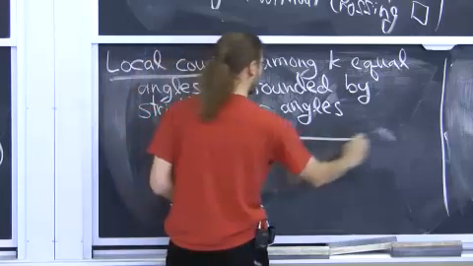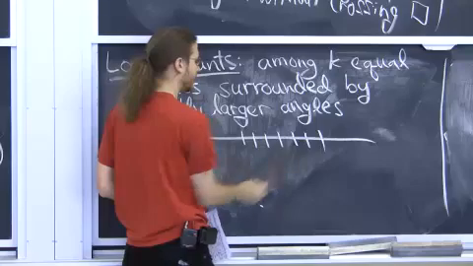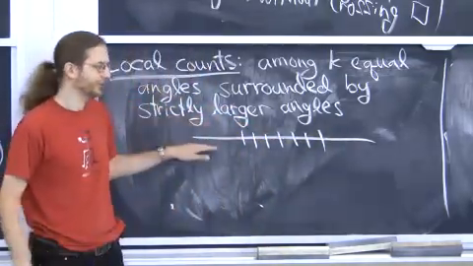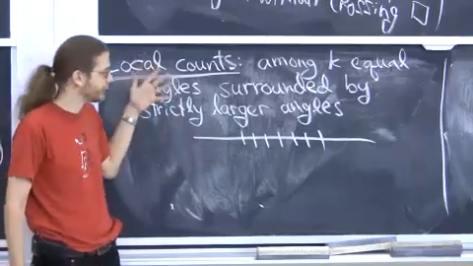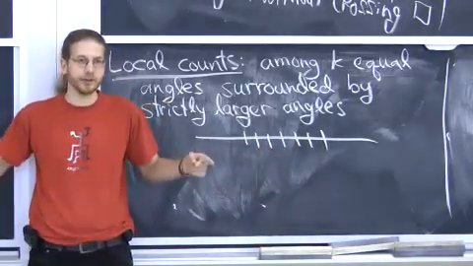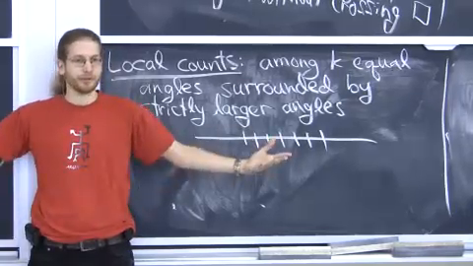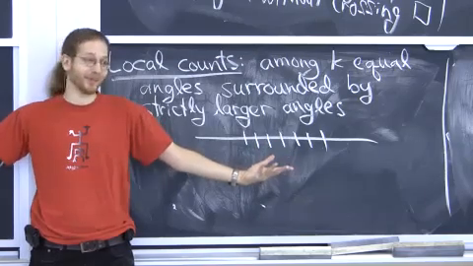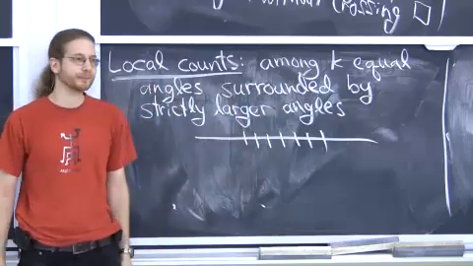Something like that: a bunch of equal angles, k of them, bigger angles on either side. This almost always exists. I should mention this. I'm going to say something about this situation. But this situation should exist because I take the smallest angle out there, and then I see how many friends it has that are all equal. If it's the smallest angle, or one of the smallest angles, then the ones surrounding it are going to be bigger, unless all the angles are equal. So there's one case which we'll worry about later. It's very easy. All the angles are equal.